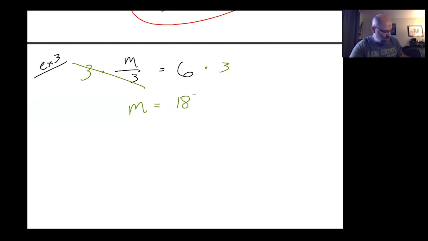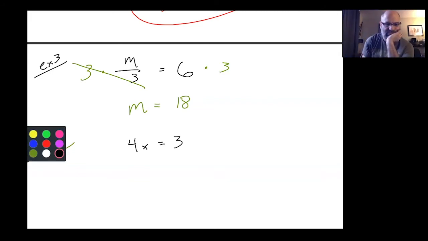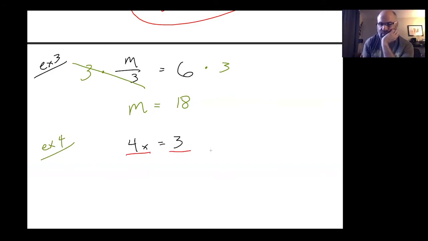All right, I'm going to do one more example, and then I'm going to summarize the rules that we have, okay? Let's do 2 more examples. Example 4. Here's what it says. 4x equals 3. How do you get x by itself? You divide. Divide by what?